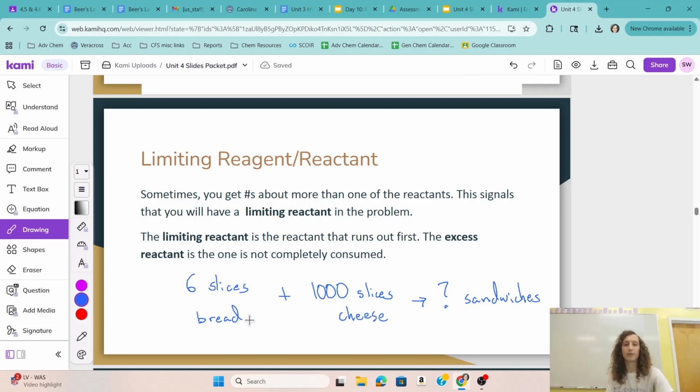The bread is going to run out first, unless I'm making some really gross, mega cheesy sandwiches. I'm going to use up my 6 slices of bread first, and if there's 2 slices of bread per sandwich, then I'm going to make 3 sandwiches. And then let's say I use 2 slices of cheese per sandwich. I've taken away 6 slices of cheese, so I would have 1,000 minus 6, 994 slices left.